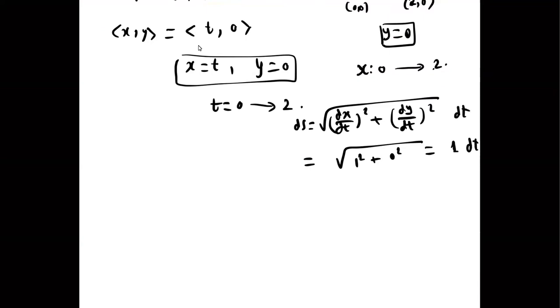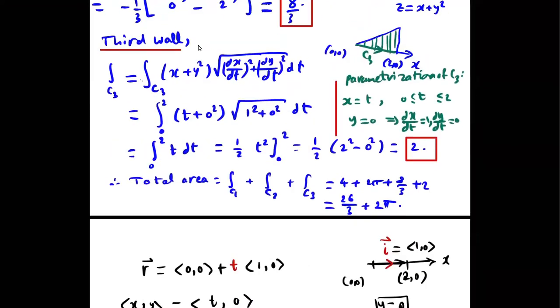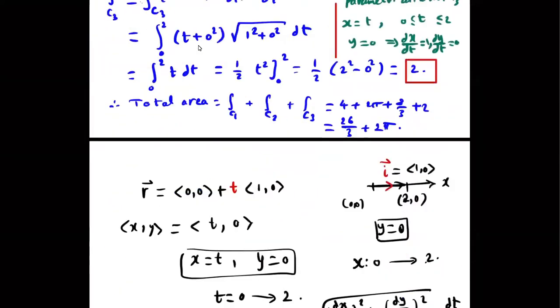So it's 1 dt. As expected, of course, because we are on the x-axis. Therefore, integral over curve 3 is t equals 0 up to t equals 2. Here is the function. Where is the function? x plus y squared, whatever.